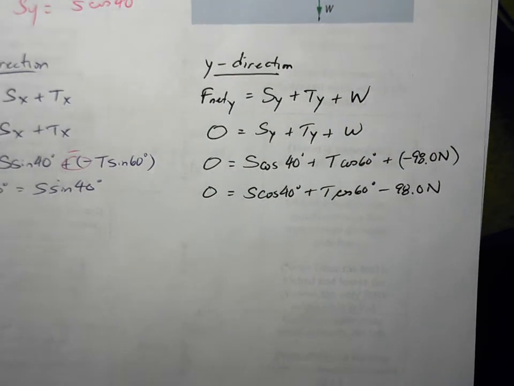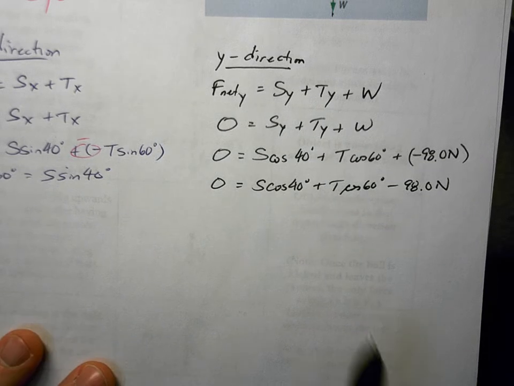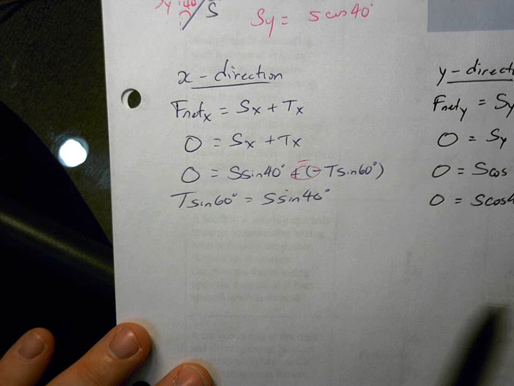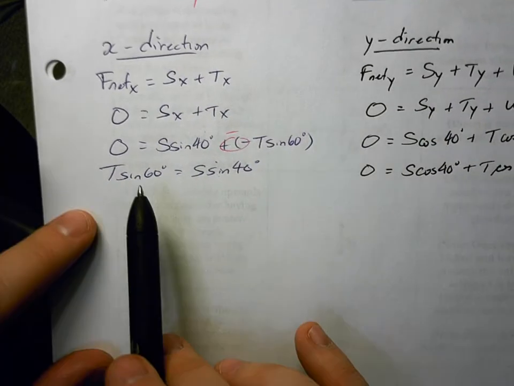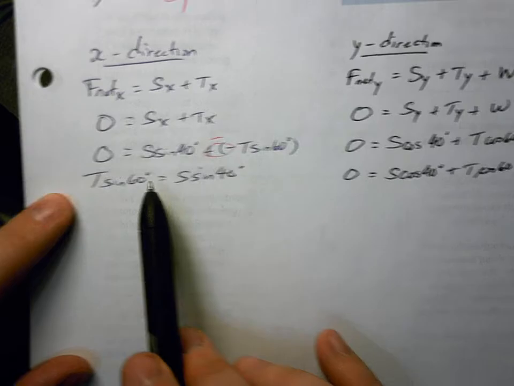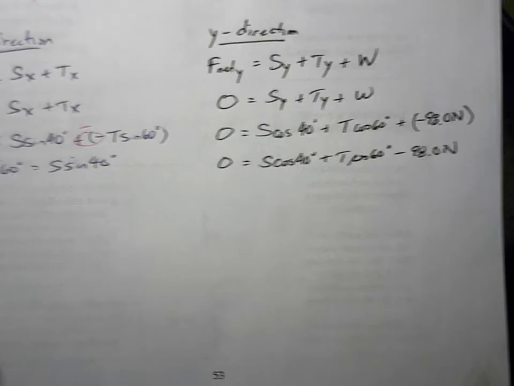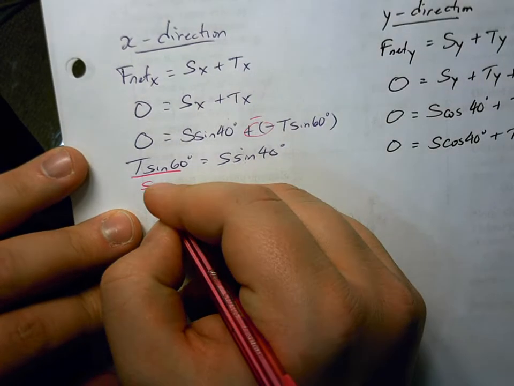Now I have two equations and two unknowns. I have s and t here, and I have s and t here. I can substitute t or s from here into this equation. So I'm going to solve this for t by dividing both sides by sine of 60.